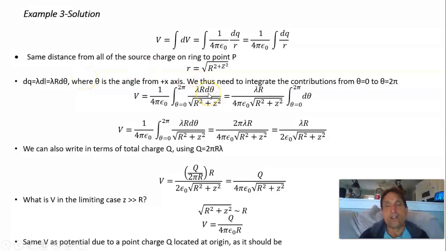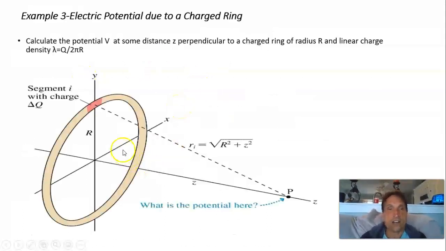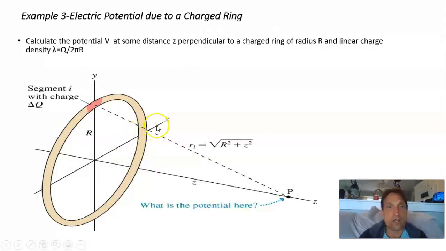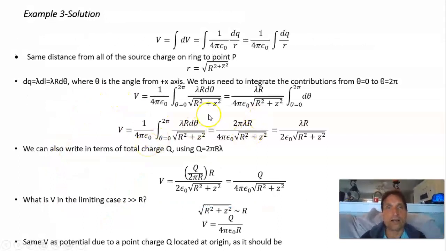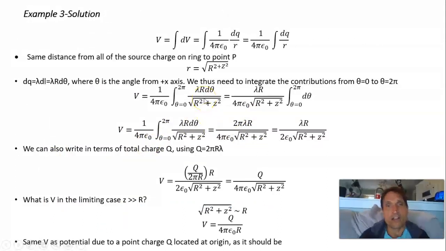Now we have this expressed in terms of a coordinate system, and we need to integrate over all of the charge, in other words from theta equals 0, which is the plus x-axis, to theta equals 2 pi. This integral looks kind of scary until we realize that everything in here is a constant. If it's uniformly charged, lambda is a constant, so take that out of the integral.